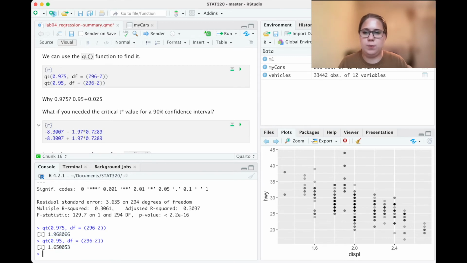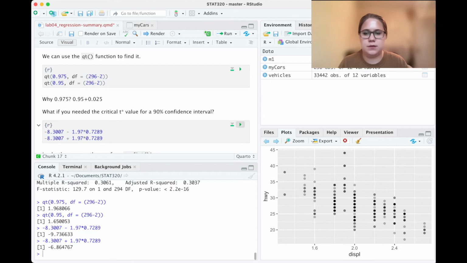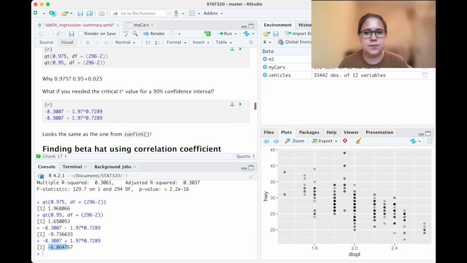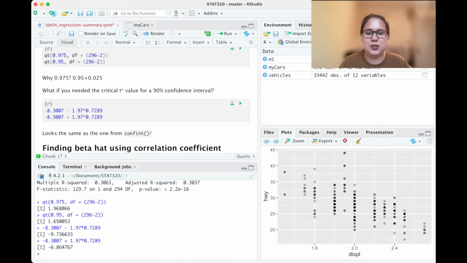I'm going to use that 1.97. So I've got my point estimate, my critical value, my standard error. I've got one with a minus and one with a plus. So I got negative 9.73 and negative 6.86. And that's the same interval that we found using the confint function. So it's going to come out the same whether you do it by hand or you do it using the confint function.